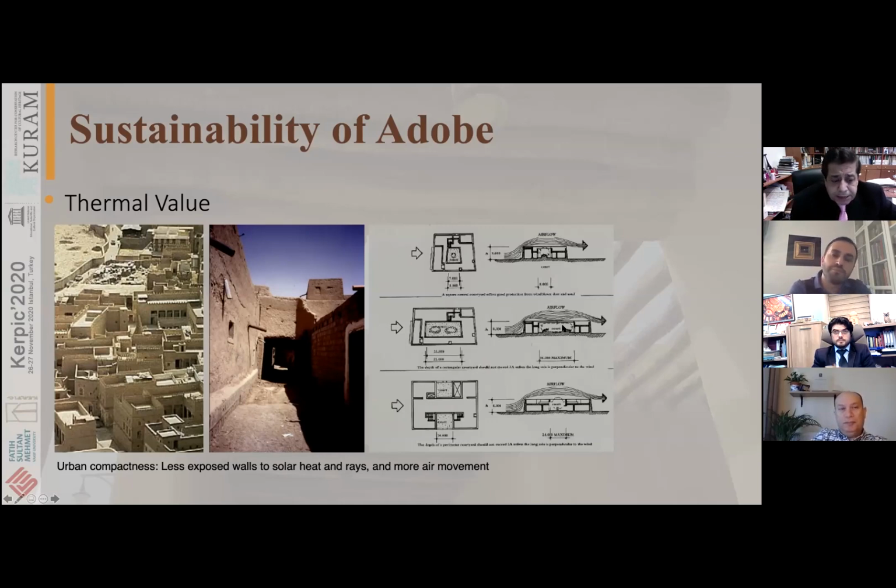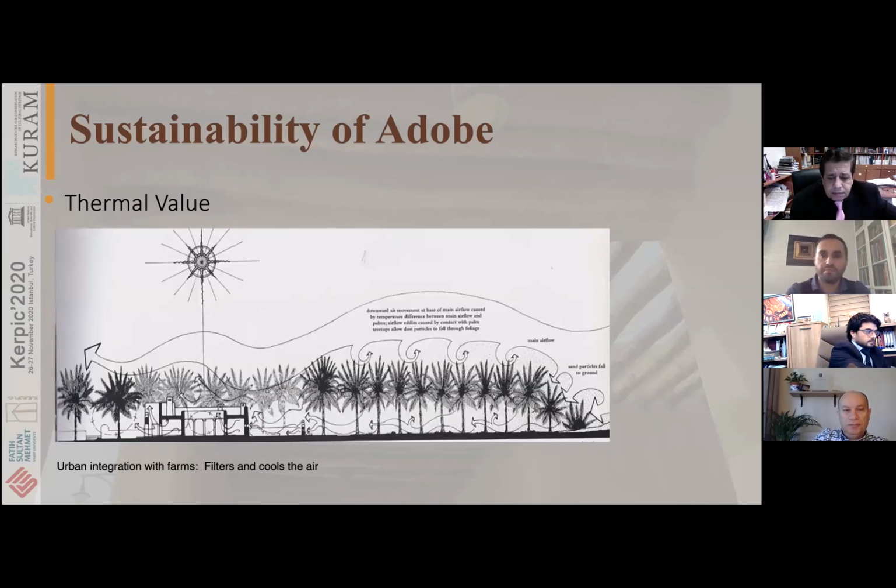So there are two patterns of air movement and aerodynamics in adobe settlements of Najd. And when the winds pass, and the settlement's urban form is integrated with the farms, this provides even more coolness and freshness to the outdoor air.